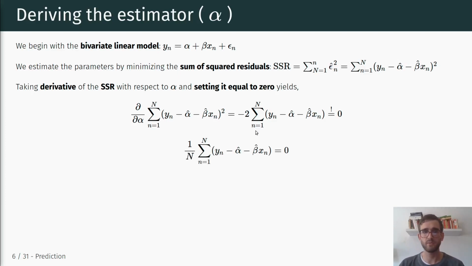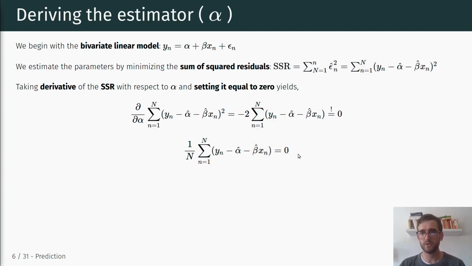So the first thing we can do is get rid of this -2, so divide by -2 on both sides, and on top of that, we'll divide by n, and then we're left with this term.